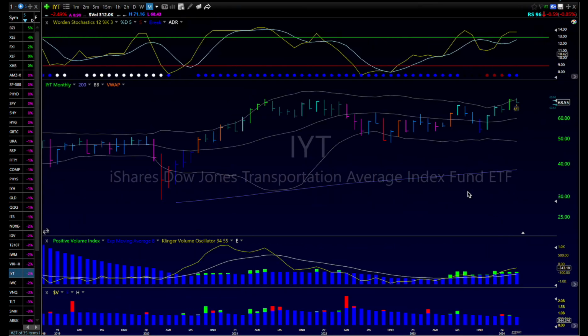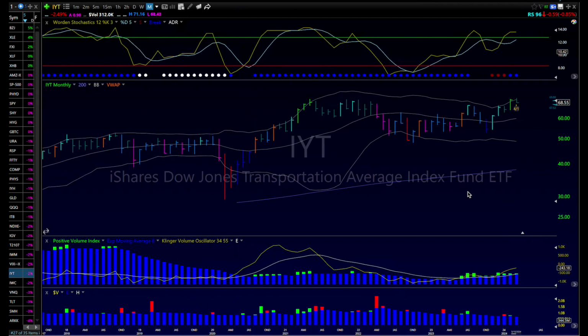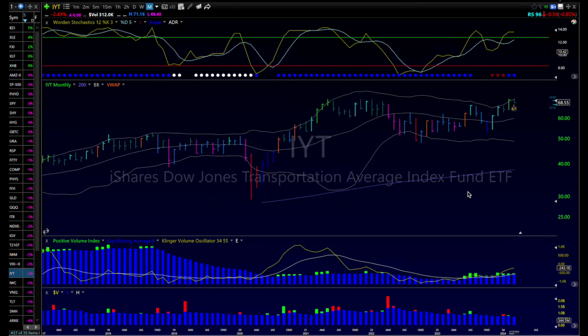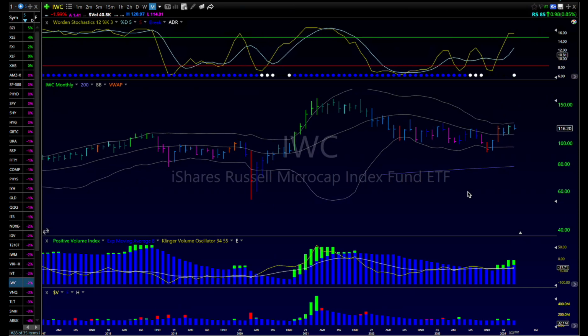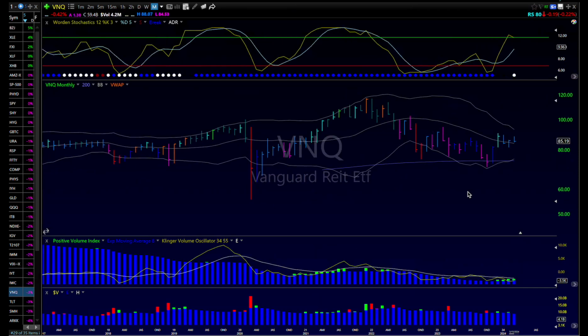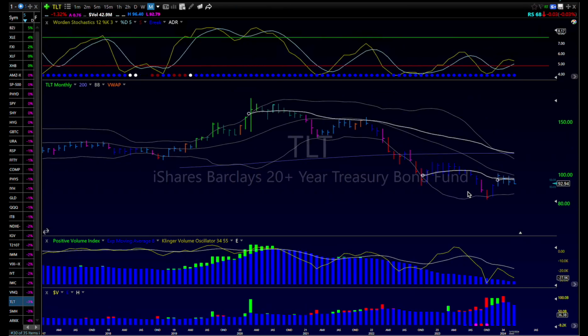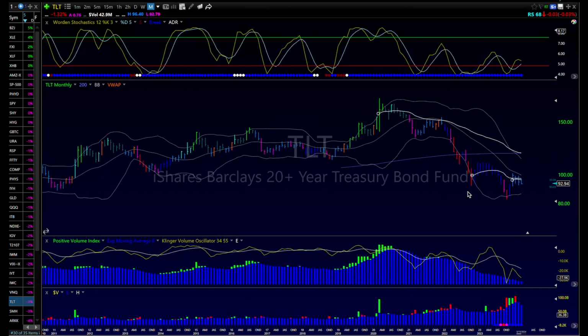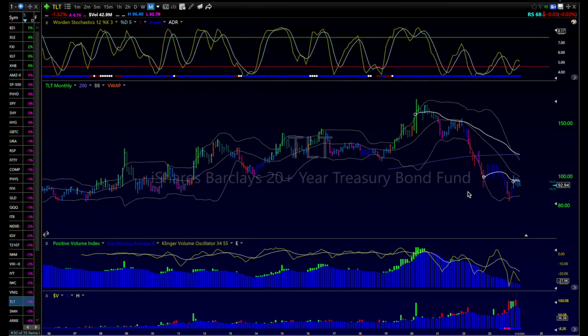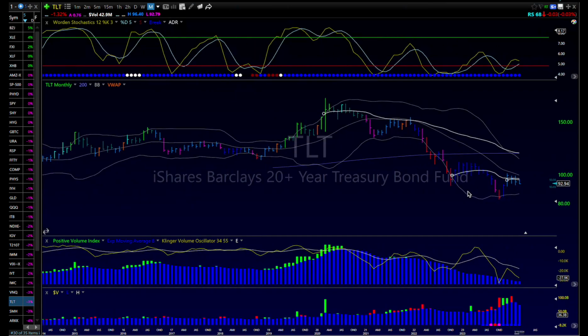Volatility index, transports. Vanguard REIT ETF. Not something I really want to own. Treasury bond fund. So if this is going down, that means inflation is going to be going up.